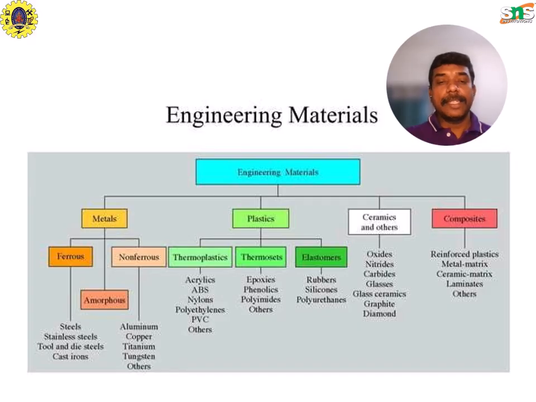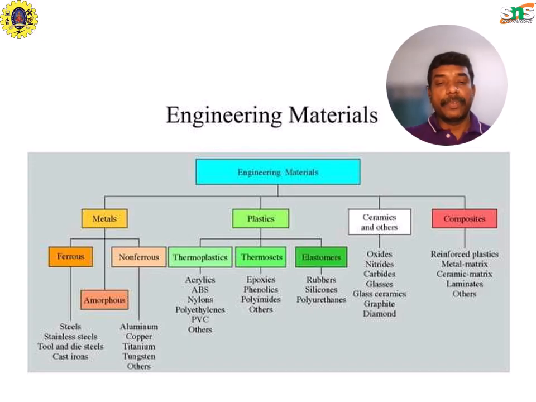Similarly, the plastics are also called polymers. They can be classified as thermoplastics, thermoset plastics, or elastomers. For thermoplastics, we have a number of examples, say for example, acrylics, ABS, nylon, polyethylene, polyvinyl chloride, etc. And thermosetting plastics can be epoxy, phenolic, polyamide, etc. And the elastomers are also called rubbers.